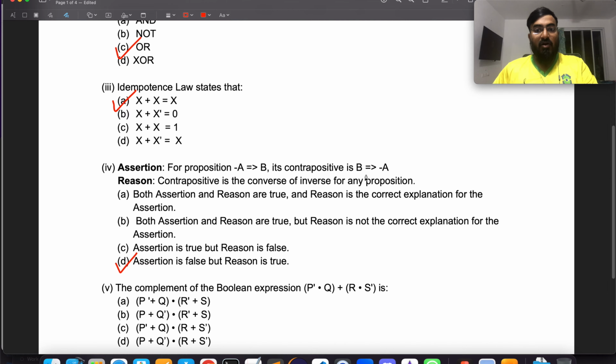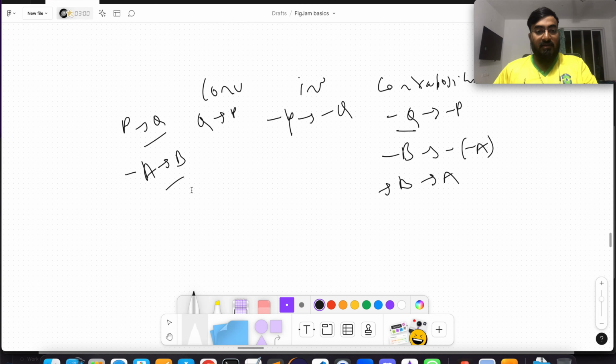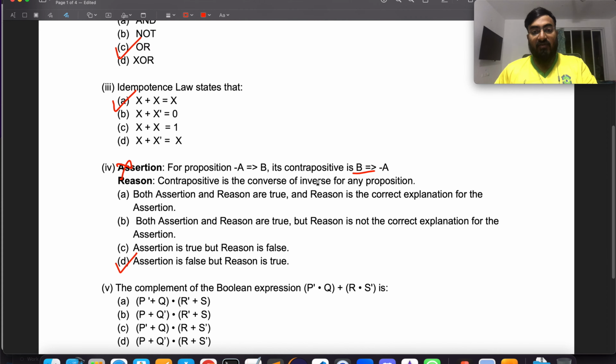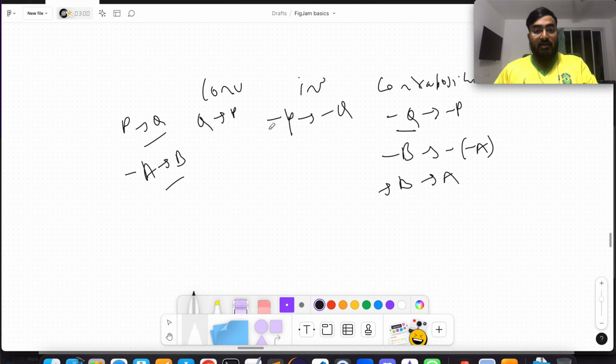Which is not equal to this, so this is wrong. Now the reason is given as contrapositive is the converse of inverse of any proposition. So the inverse is this, and when you find the converse of this, you switch, and it will be equal to not q implies not p, which is equal to the contrapositive.